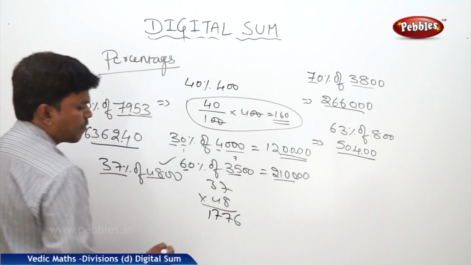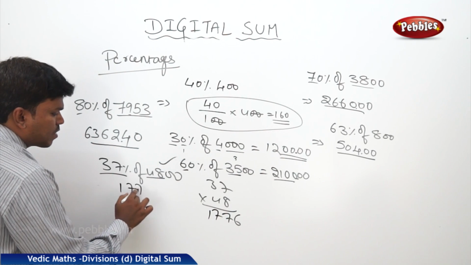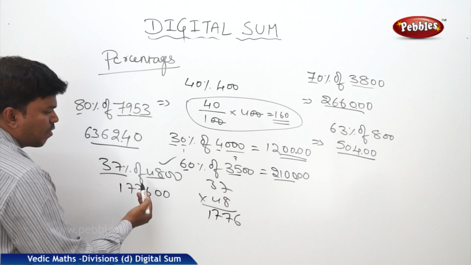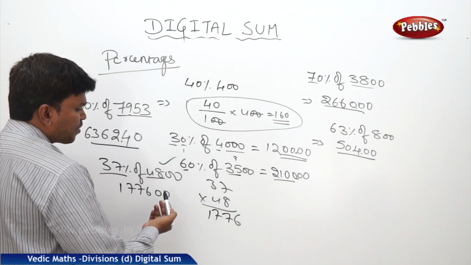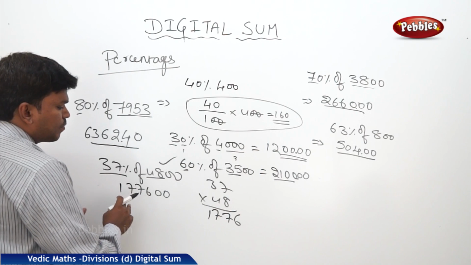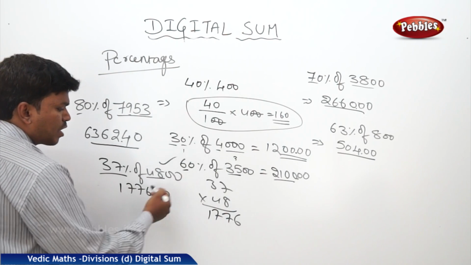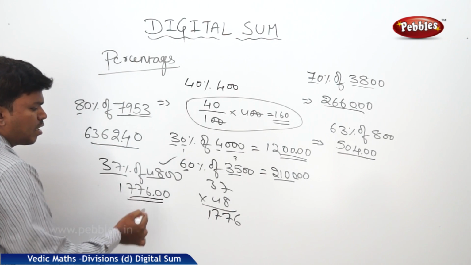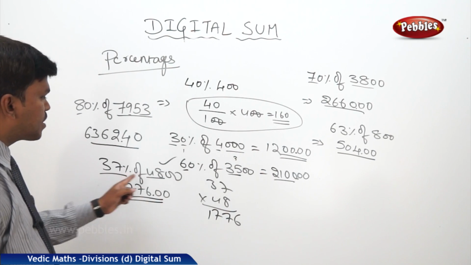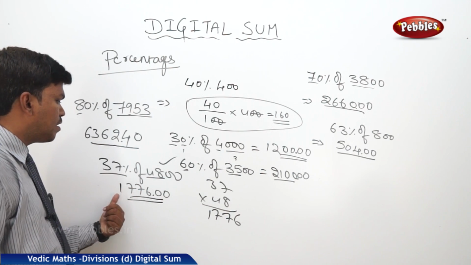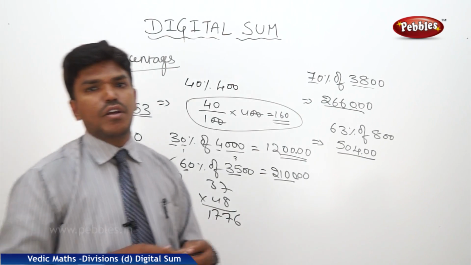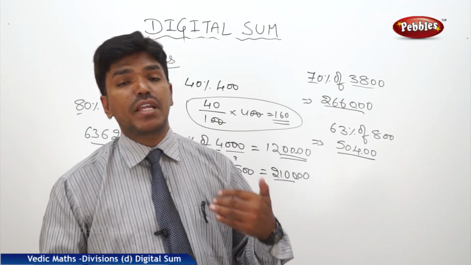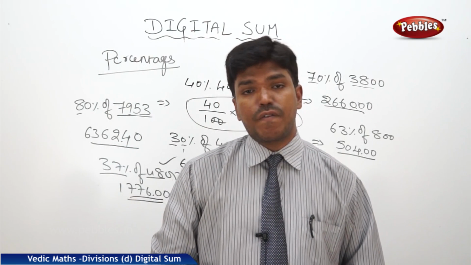So I got 1776, and 2 zeros afterwards. Percentage means put a decimal point after 2 digits from right. This will be your answer. So 37% of 4,800 is 1776. Like this, you can calculate percentage values in a faster way by applying the multiplication techniques of Vedic maths.